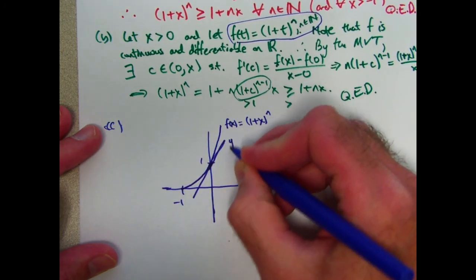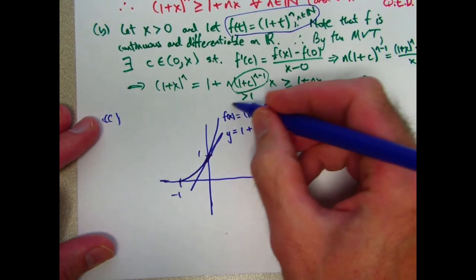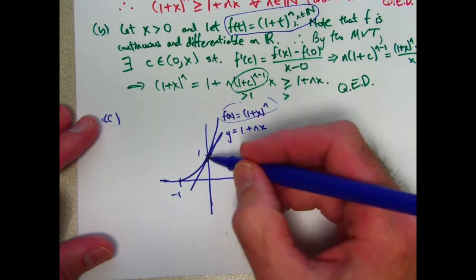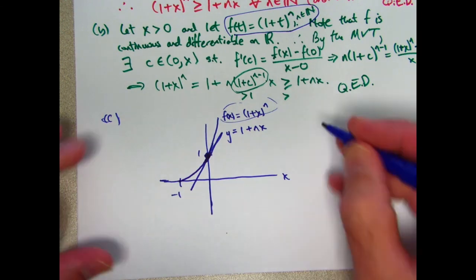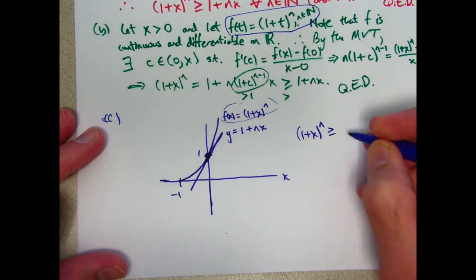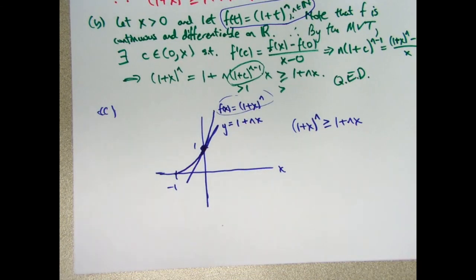This will be the graph of y equals 1 plus n times x. So this function has a graph that's always above the other one, touching at the same point here, the y-intercept of 1 for both of them, but in general, we have the inequality 1 plus x to the n is greater than or equal to 1 plus n times x, when n is a positive integer and x is bigger than -1.